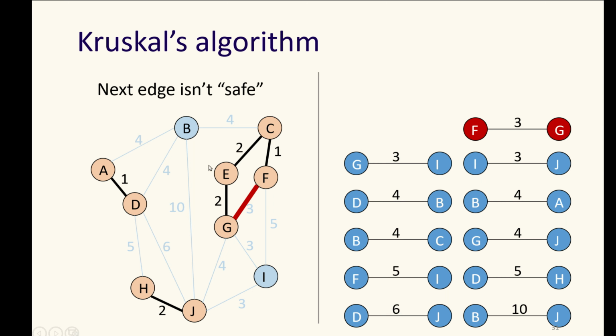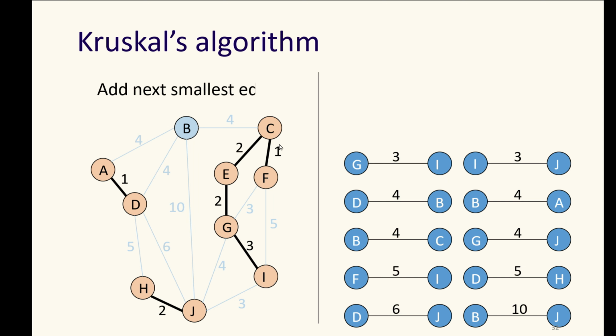So I already know that G is connected into this tree by an edge that's lower than the 3 of the FG edge. In fact, it's a value of 2. And I know that F is connected into this tree by a cost that's lower than that 3 of FG's edge as well. So I ignore it. It's not safe. It's also not helpful because it's higher cost, higher weight than the edges I've already used.